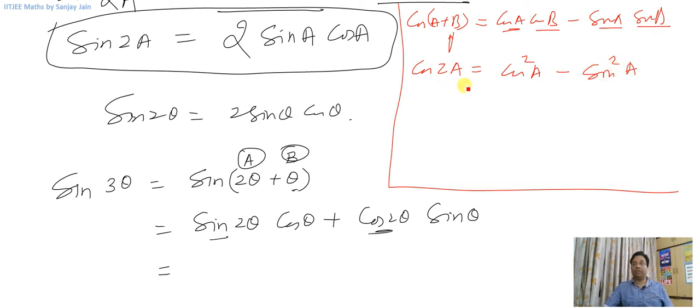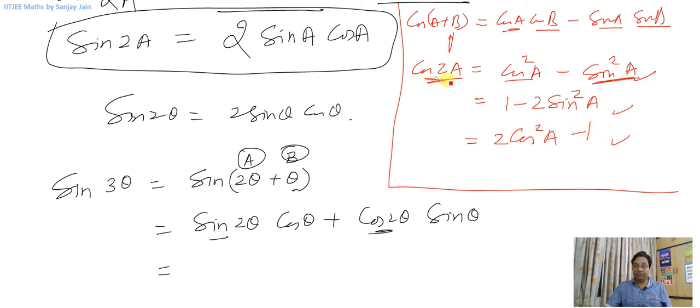So cos 2a can be written as cos square a minus sine square a, and because cos square a is nothing but 1 minus sine square a, this formula can also be written as 1 minus 2 sine square a. Or there is a third way of writing this: I can write sine square a as 1 minus cos square a, so this will become 2 cos square a minus 1. So you have to memorize this formula in these three ways. I'll give you some other ways also, but for now you have to memorize it in three ways.